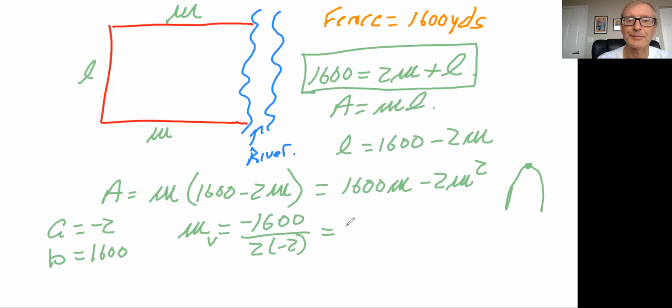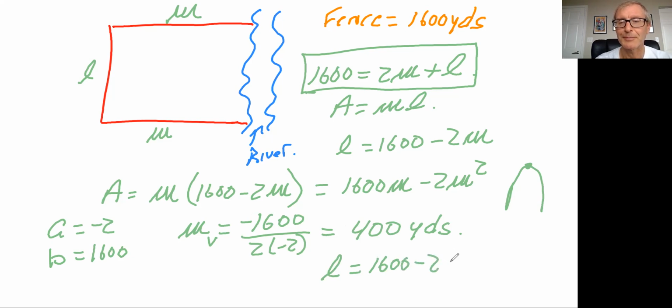And so you could see we get again 400 yards. But what's interesting is what is L? L is 1,600 minus 2 times 400. So L is what? 800 yards. And that is quite interesting in the fact that L is twice the length of the W's.